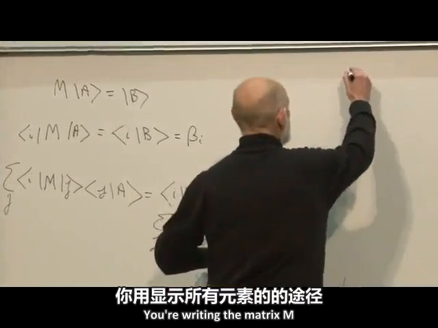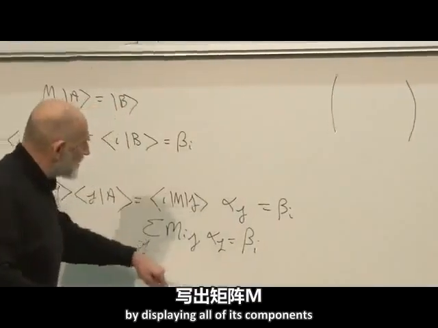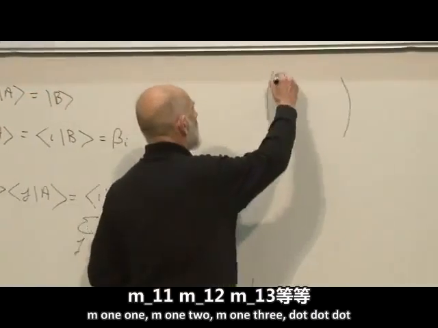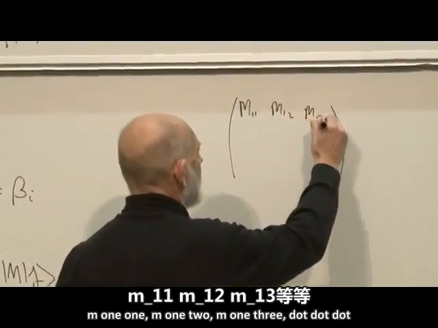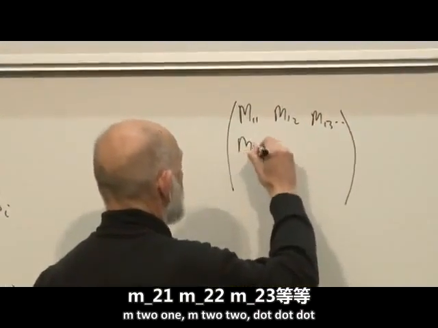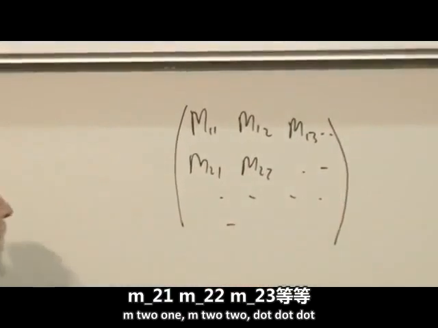You write the matrix M by displaying all of its components: M11, M12, M13, dot dot dot, M21, M22, dot dot dot.